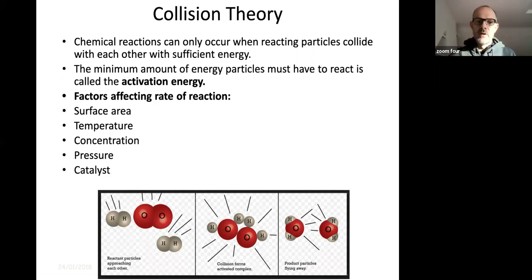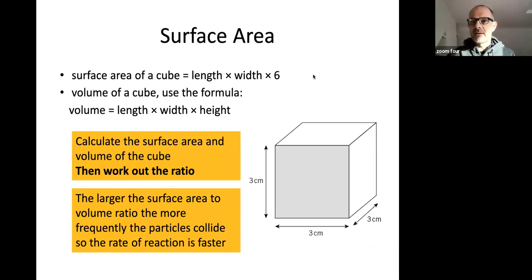So the first one that they talk about is surface area. Now, I don't necessarily think that surface area is the easiest one to begin with, unless you look at it in a slightly different way. The reason I've started with this is often in an exam, they will ask you to work out the surface area to volume ratio of 2 different size cubes, and then which one is going to react faster.